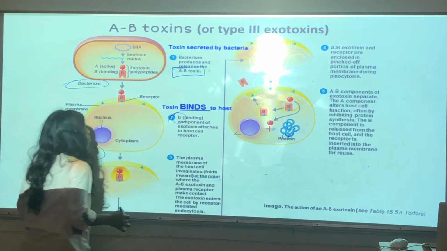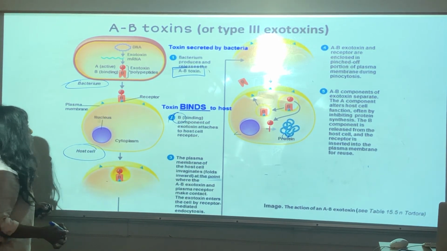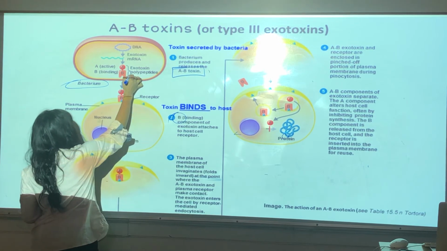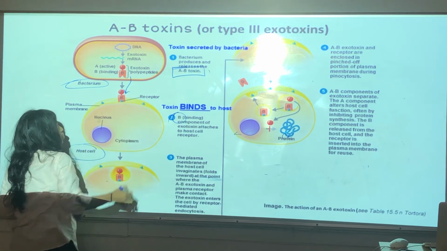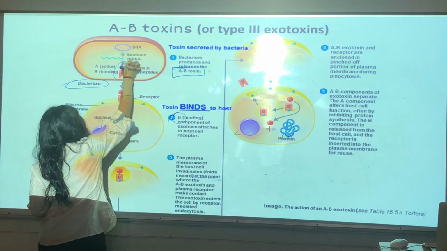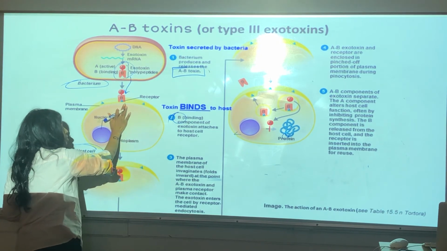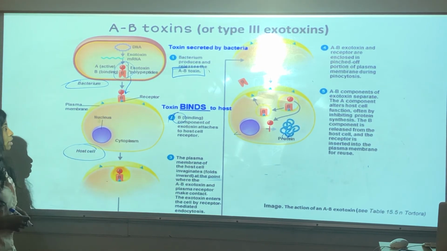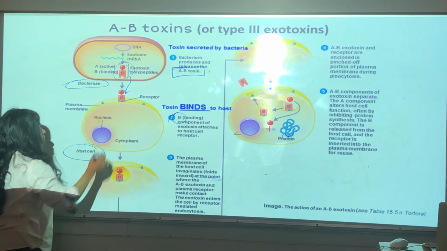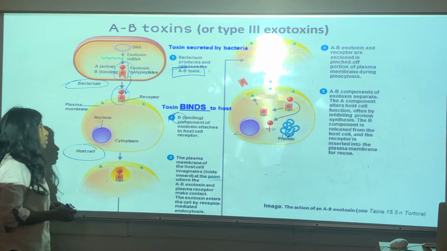This allows the toxin that is released, remember, exotoxins are released, to bind to the host cell. So here goes the exotoxin: it is made inside the bacterial cell, released outside, and it binds to the host cell. Here we see it on the outside of the host cell once it is released.